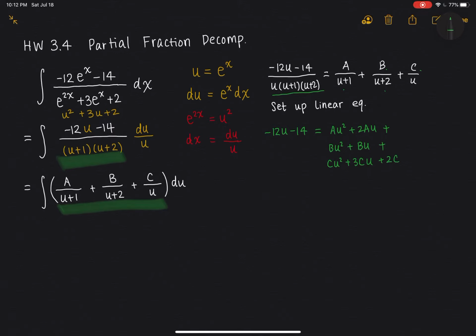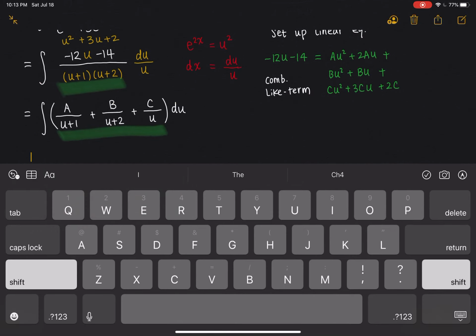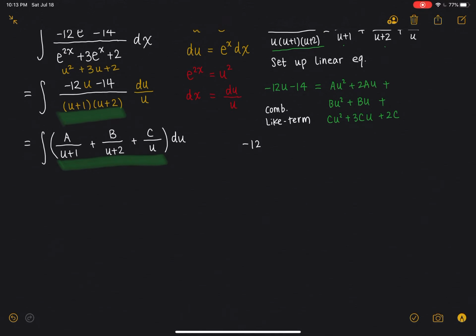We want both sides to be equal. So if you combine like terms, which is what we learned in college algebra, we will get negative 12u minus 14 will equal a plus b plus c times u squared, plus 2a plus b plus 3c times u, plus just 2c as a constant.